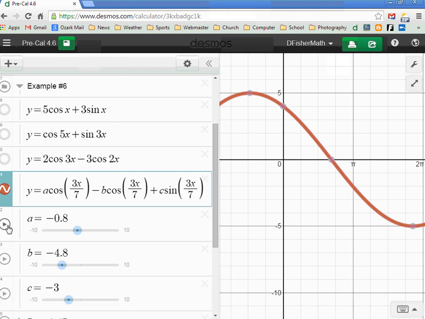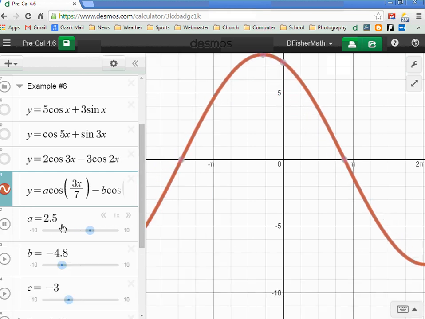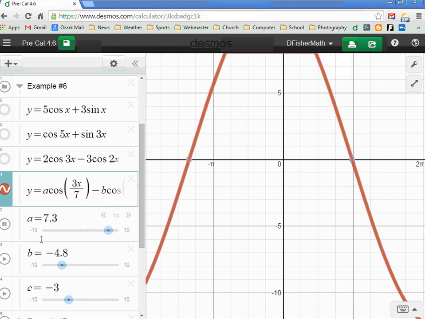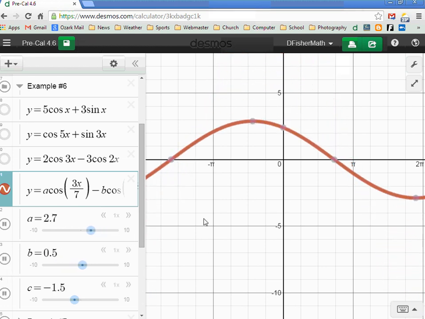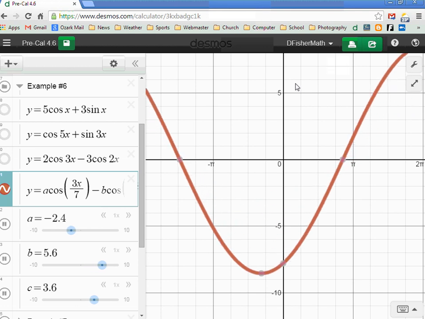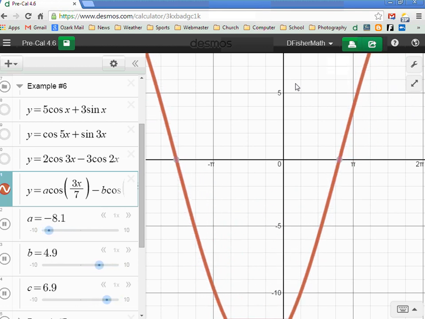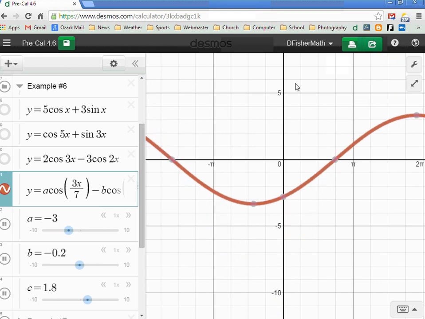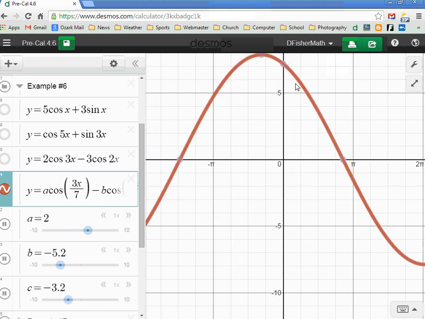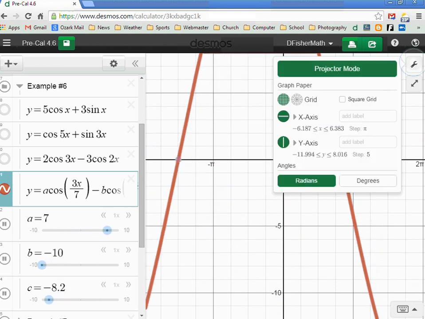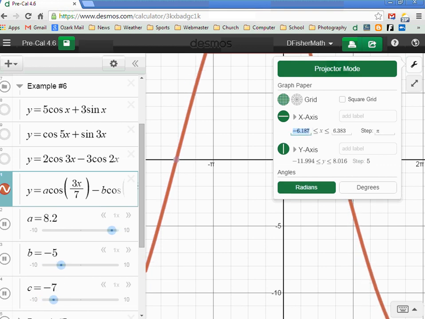So the cool thing that I can do right here is I can start changing that A. Yeah, it's going to change the amplitude. I could even change the B at the same time, or change the C at the same time. And you can watch this thing change, but it's always a sinusoid. It doesn't matter what my A and my B and my C are. And if I had my window a little bit bigger, you could see that, hey, sure enough, this thing is a sinusoid.